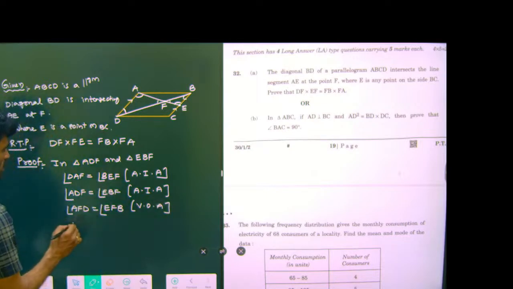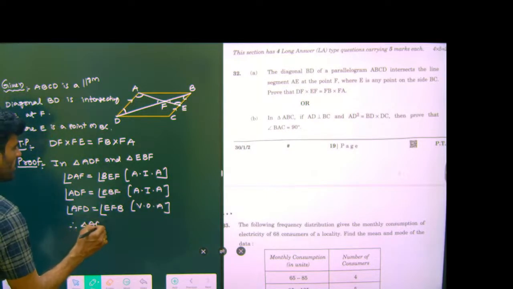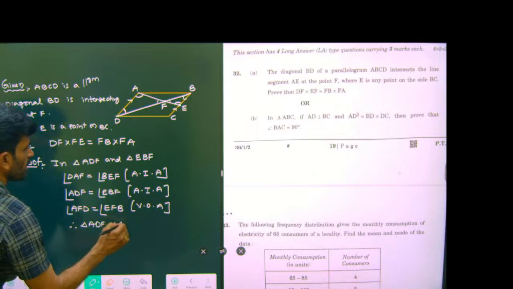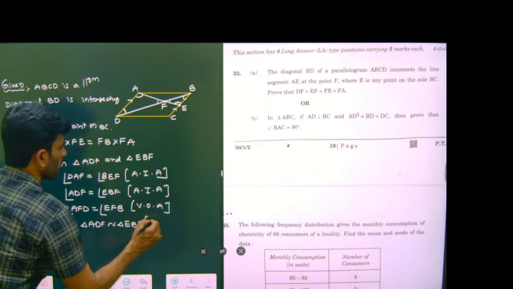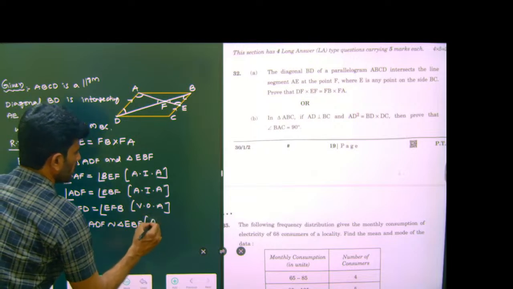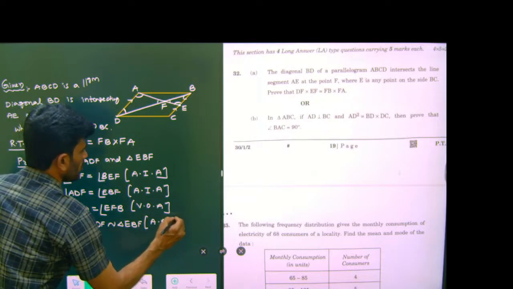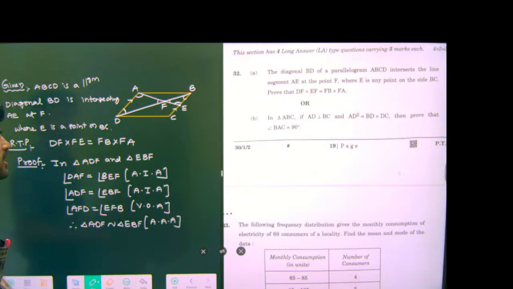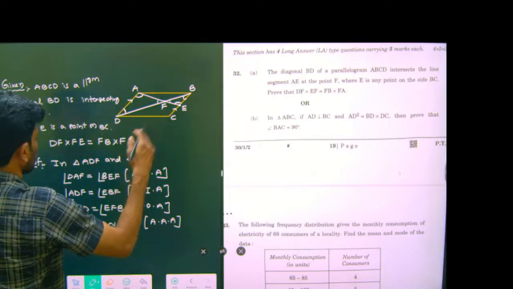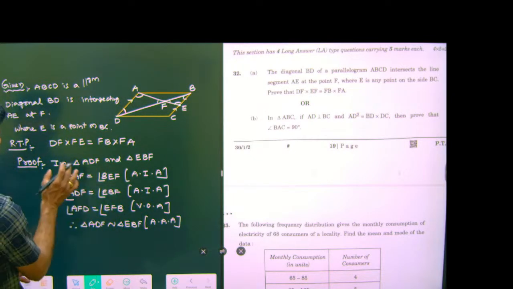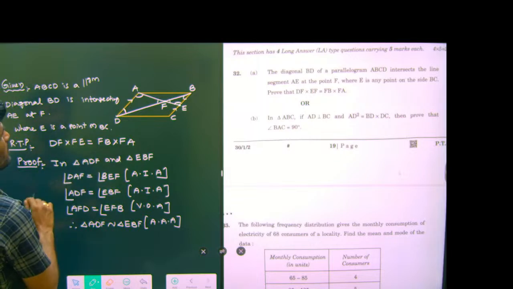So what we can say, therefore, triangle ADF is similar to triangle EBF by angle similarity criteria. Once two triangles are similar, you can take the ratio of corresponding sides as the same.